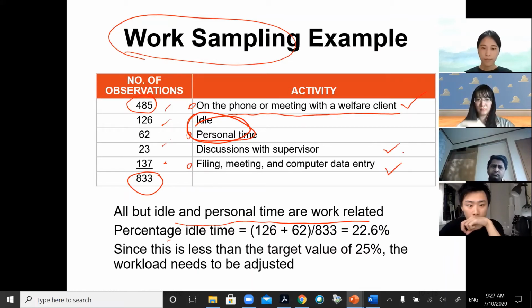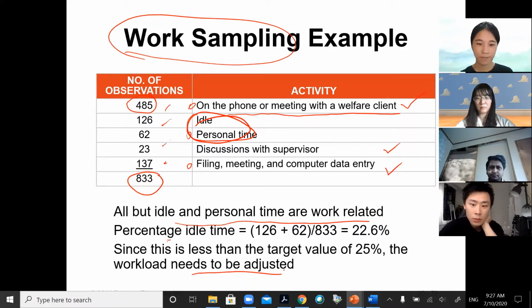So the percentage idle time is 22.6%. Since this is less than the target value of 25%, the workload needs to be adjusted. That means he is a bit overloaded, because you want him to have 25% of the time resting, having his personal time.